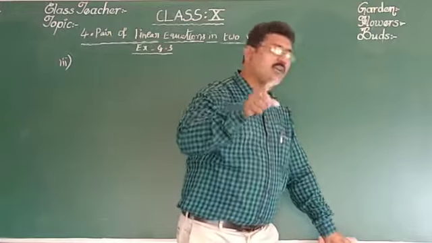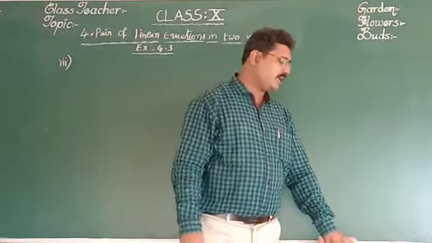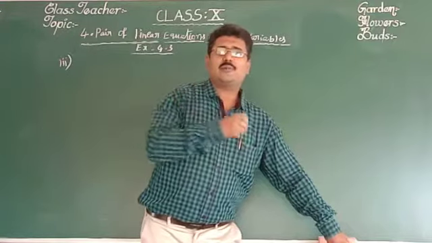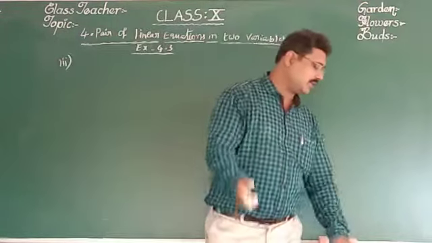Let the time taken by 1 woman alone to finish the work be x days, and the time taken by 1 man alone to finish the work be y days. So that's why you write that.